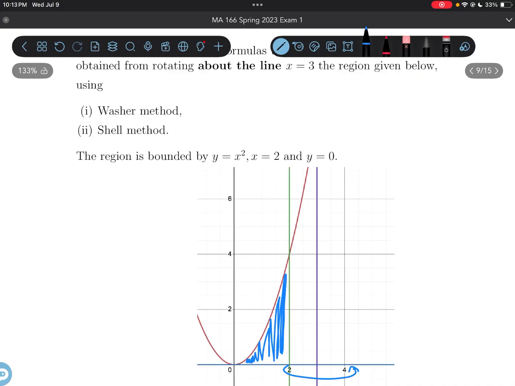Okay, so first let's discuss what the washer and shell methods are. Let me use an example.